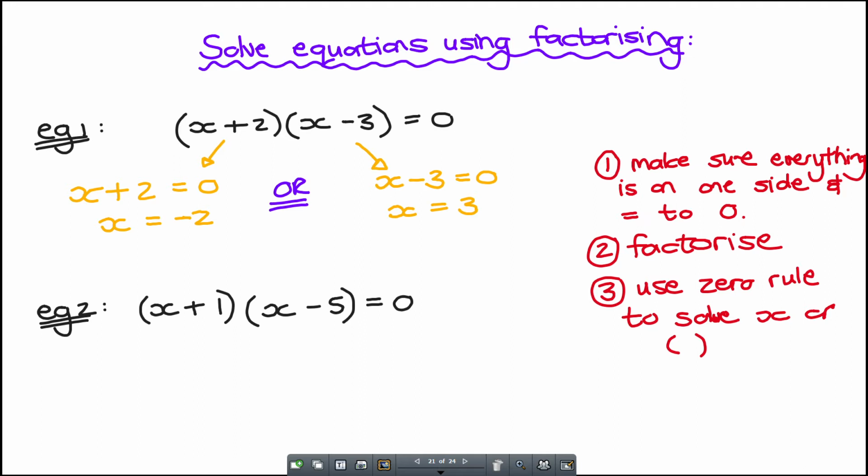So example 2. Some of you might already be able to tell me what the answer is. What will be the answer? Minus 1. That's it.